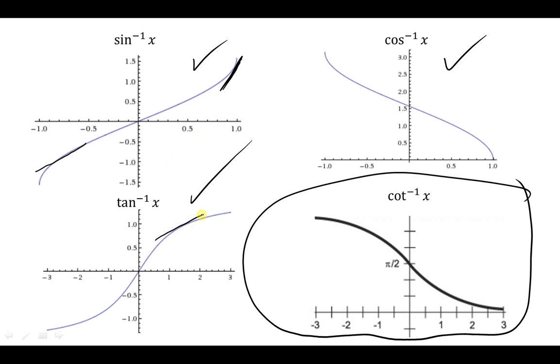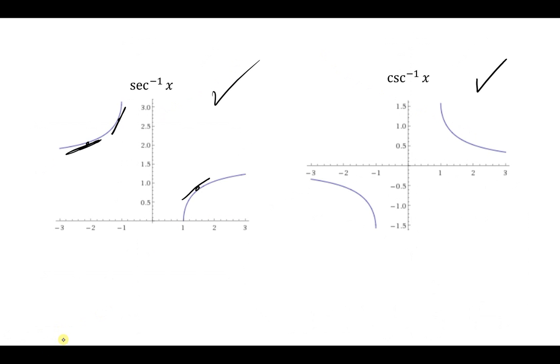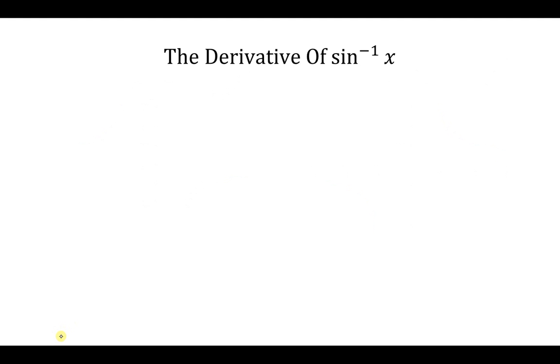The inverse tangent function would have tangent lines anywhere in its domain. So that's what we plan to do: derive the derivative of at least 3 of these functions and then show you the formula for the other 3.